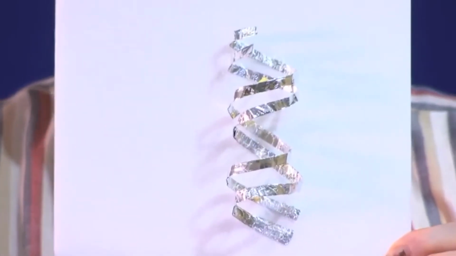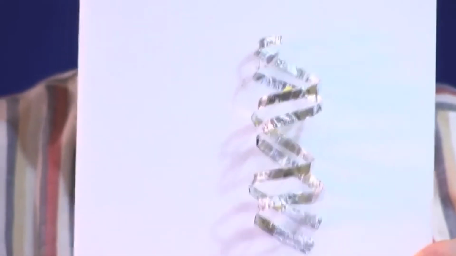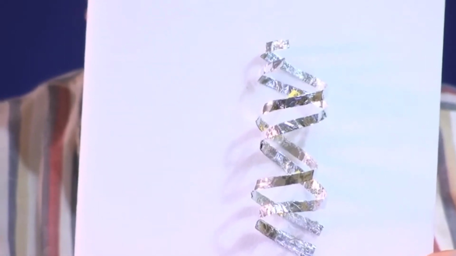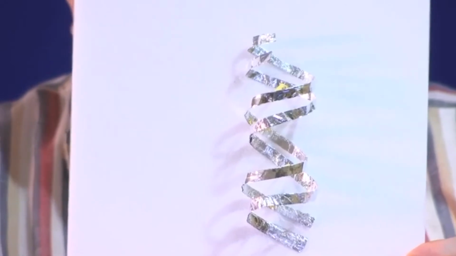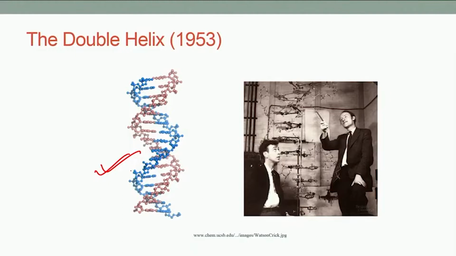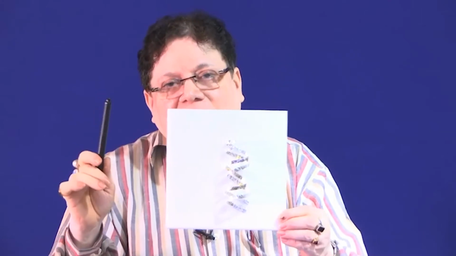Now, some of the important features: what is the pitch of this double helix? Pitch means, if you take one strand and make a complete rotation, traversing from one point to a complementary point in the same strand, then the rise in height is what is called the pitch of the helix.